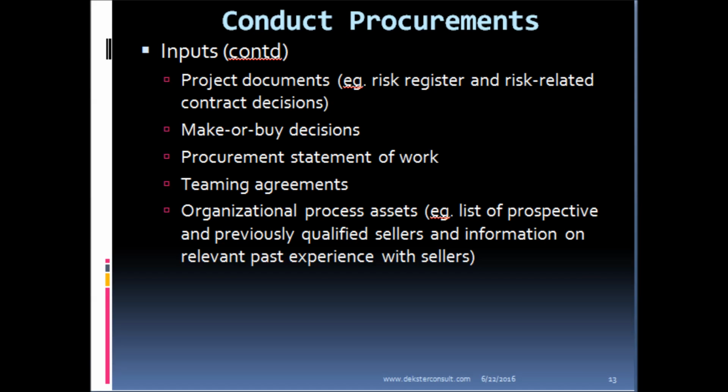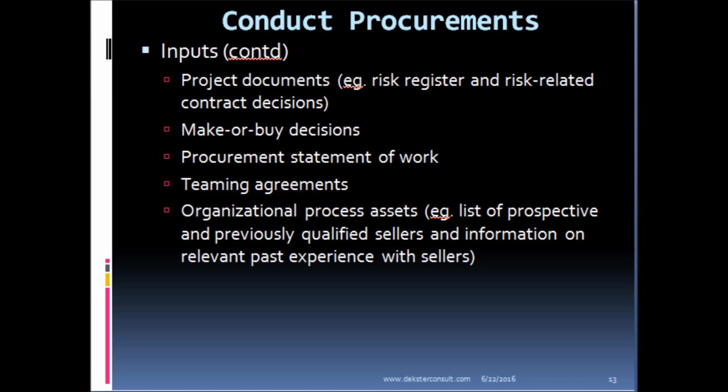Further inputs are project documents, the make or buy decisions that we arrived at during procurement planning, and our procurement statement of work, a description of the work we want to procure.